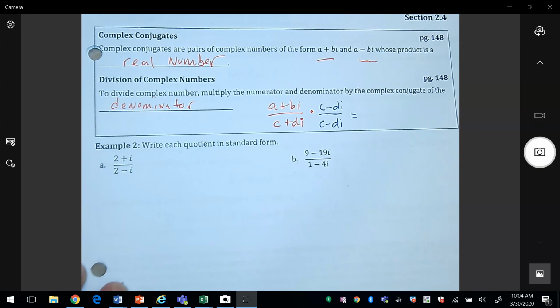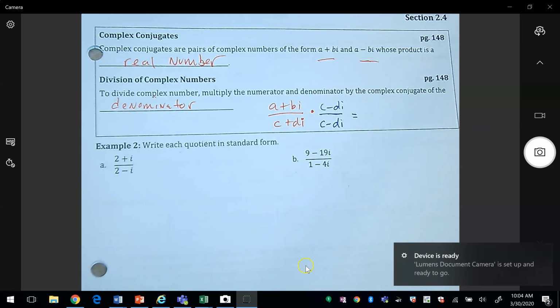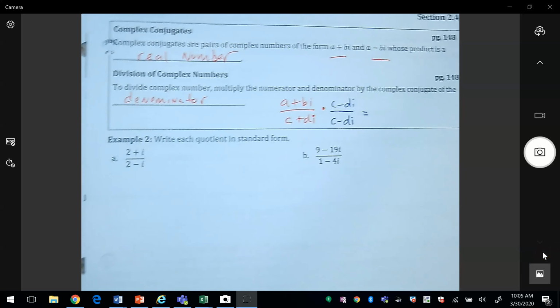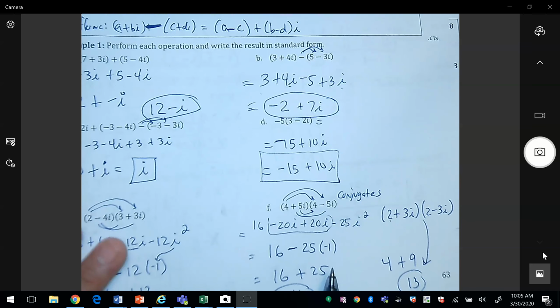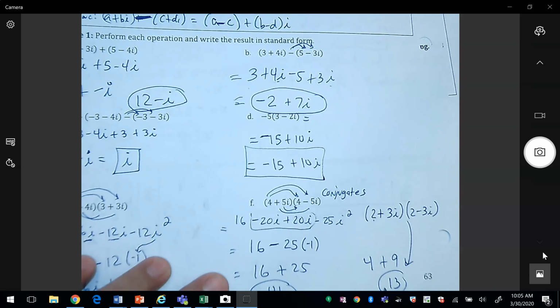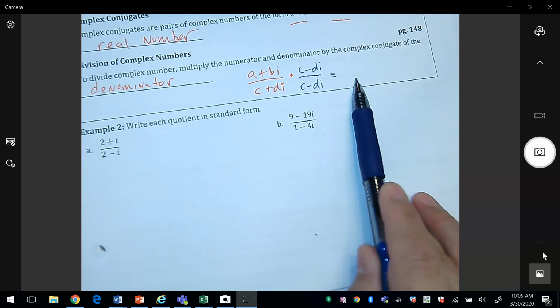So what we can see now is after we multiply, we will be able to get a real number, just like we did in the previous example. Let me show you that. In example F, after we multiplied two conjugates together, it produces a real number. And so we would get a real number in the denominator, and then the numerator might contain imaginary numbers.